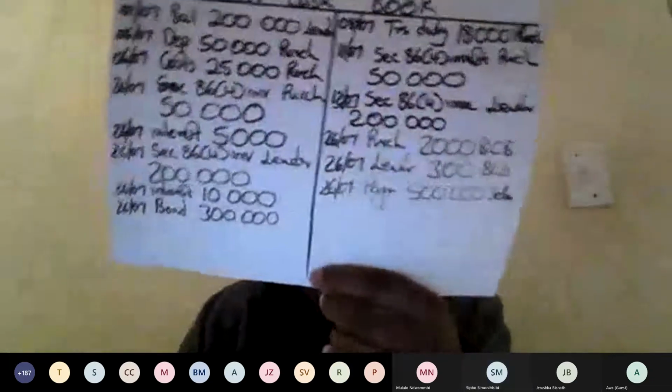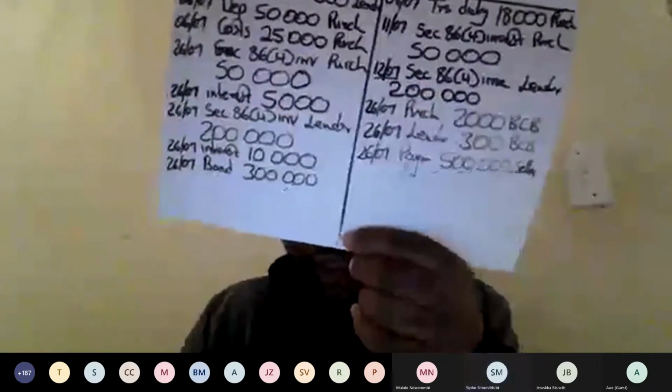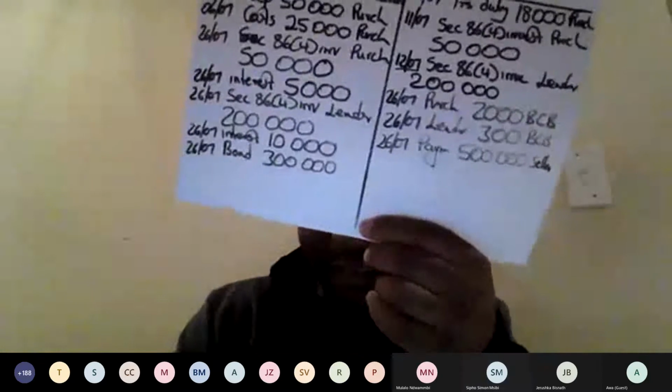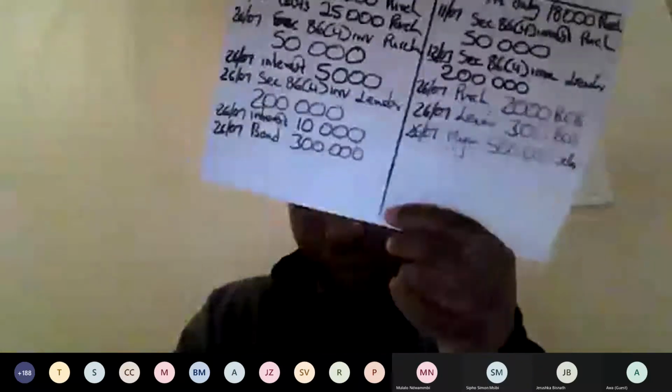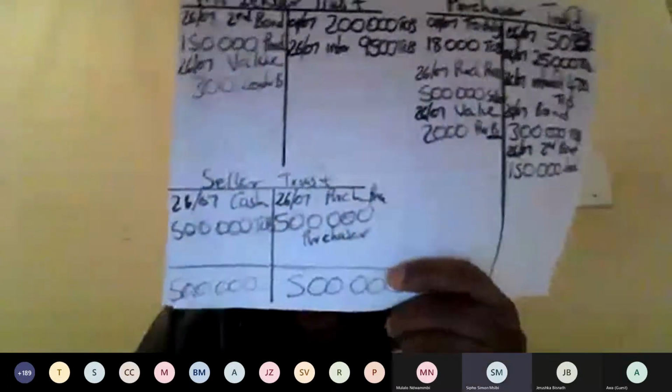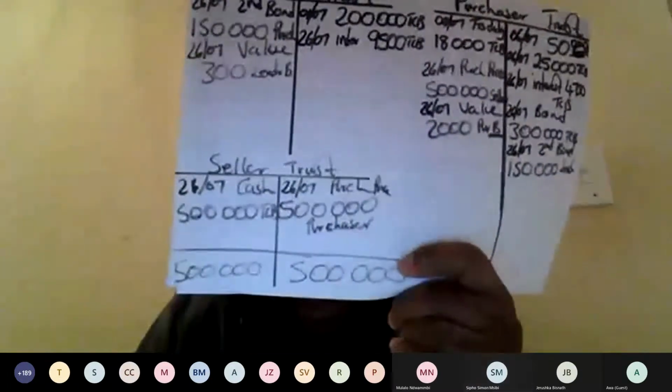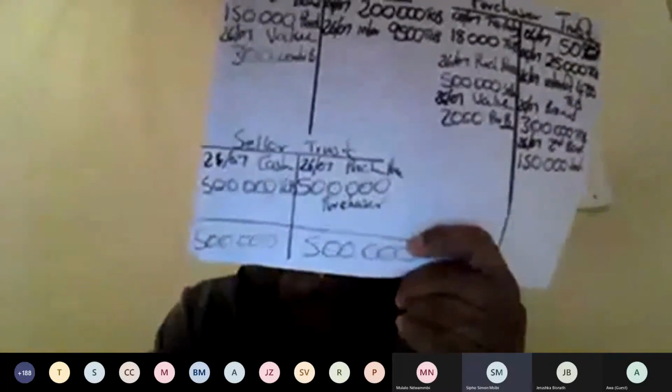Your trust cash book is credited and the seller's trust ledger account is debited with the same amount of 500,000.